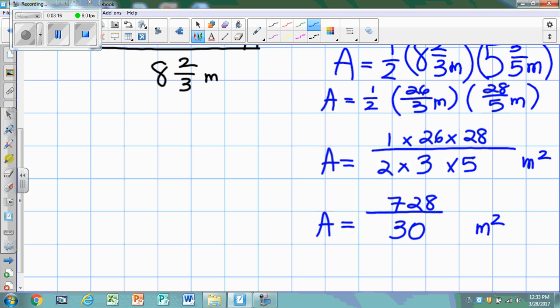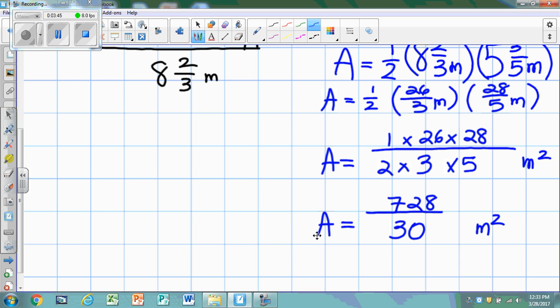So at this point, I would do some division. And I have to tell you, I would do the division on my calculator, but then I would do it by hand so that I had a really good sense of what's going on. Especially for this kind of problem where they're using those kind of numbers, you're not going to see those kind of numbers on a problem where you're not able to use your calculator.